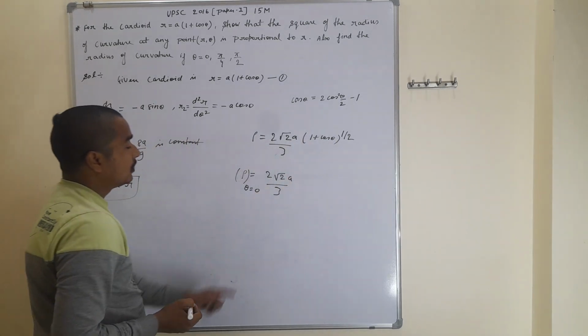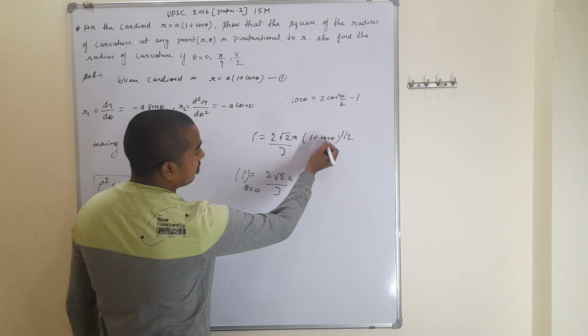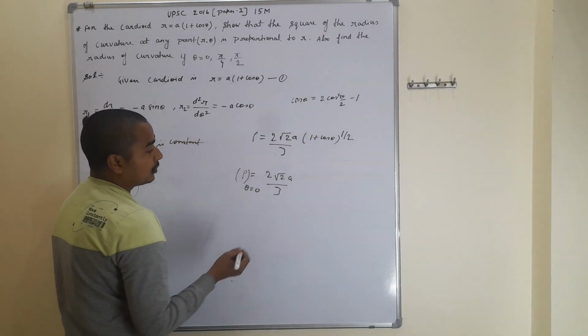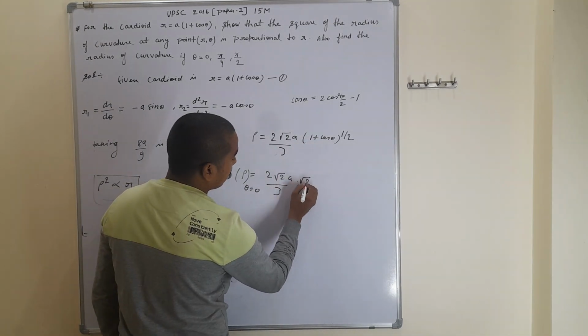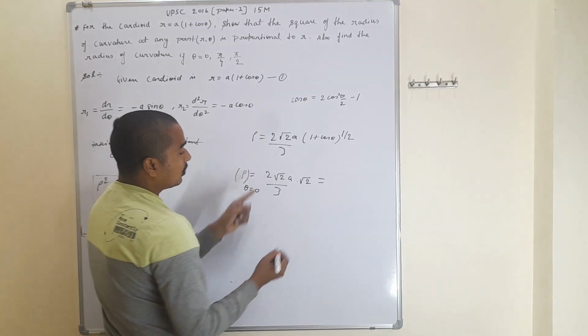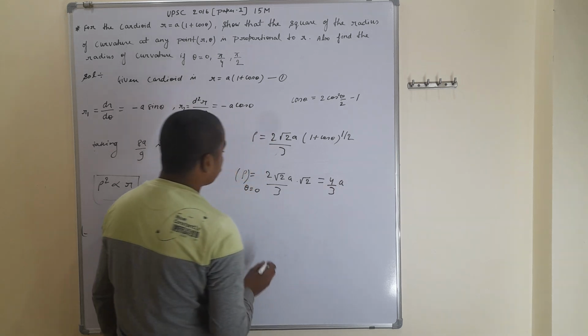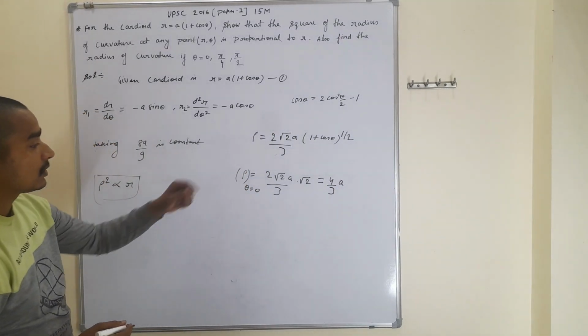When putting theta is equal to 0, cos 0 is 1, and 1 plus 1 is 2, that is root 2. On multiplying, root 2 into root 2, 4 by 3 a. This is the value of radius of curvature at theta is equal to 0.